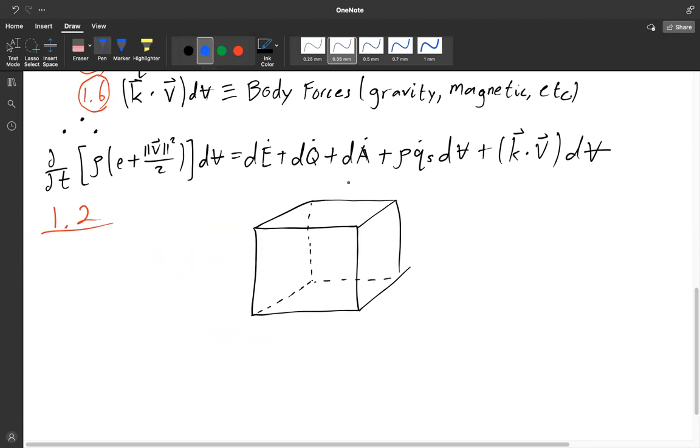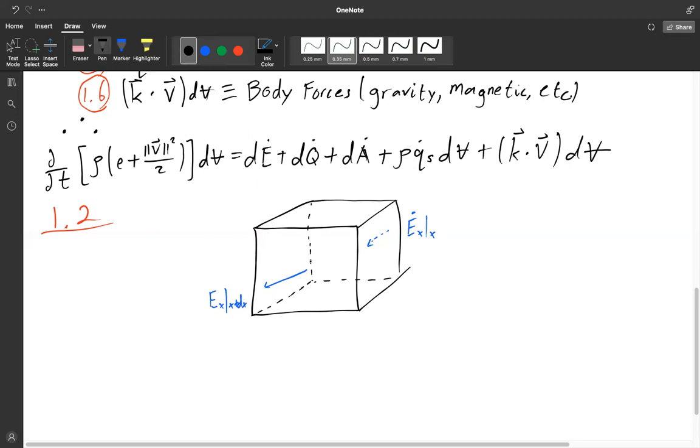And we'll make this blue. So our energy going in and out of the control volume is illustrated by the following. This is the energy in the x direction at x. This is the energy in the x direction at x plus dx.